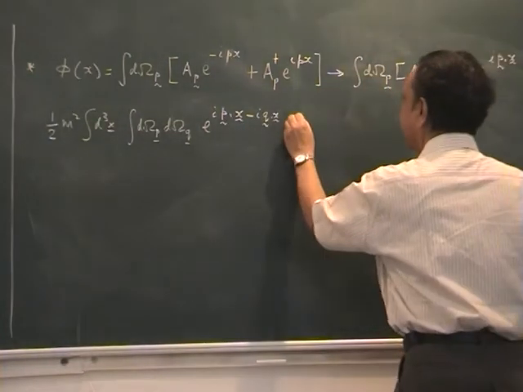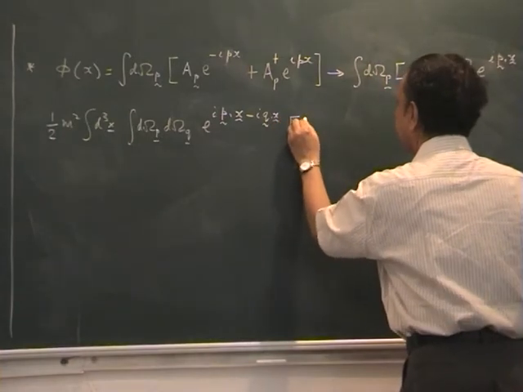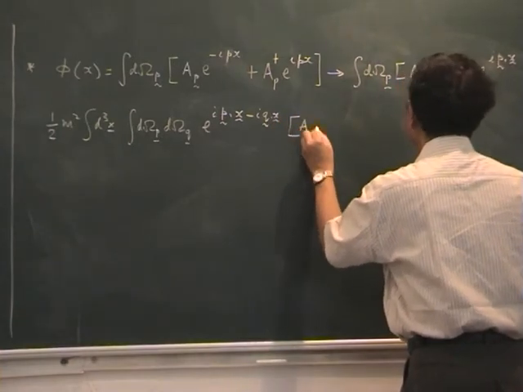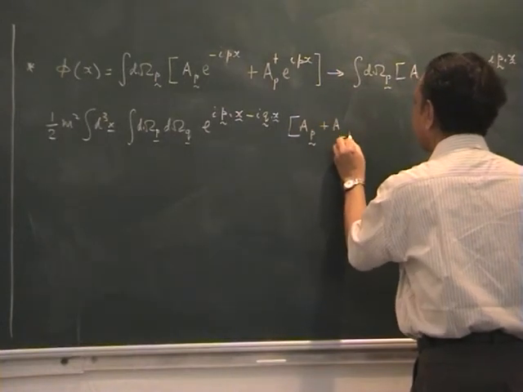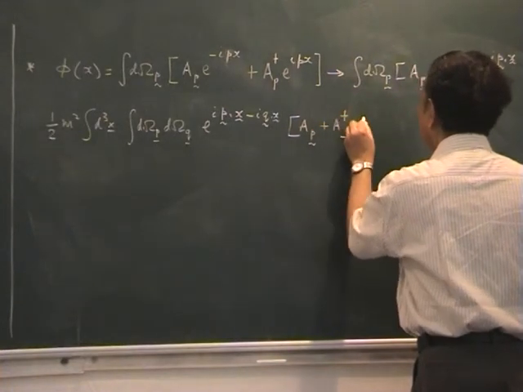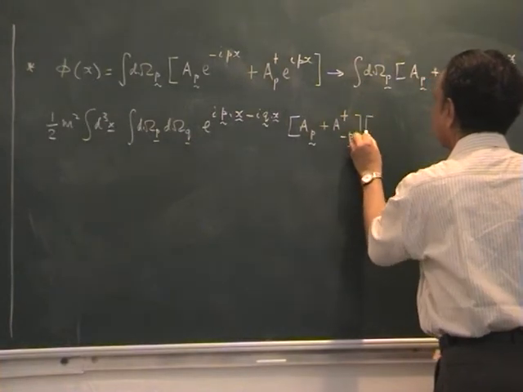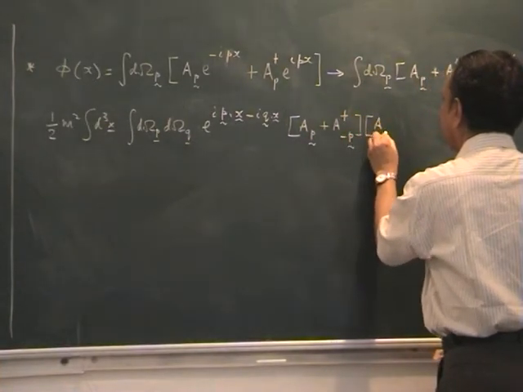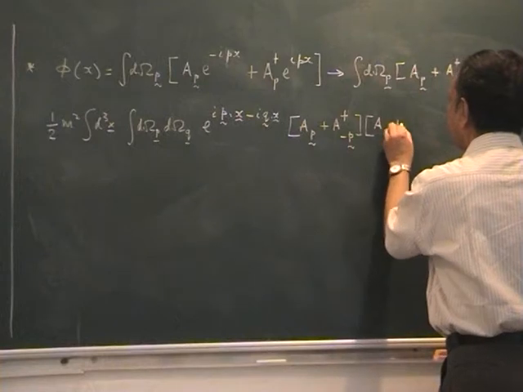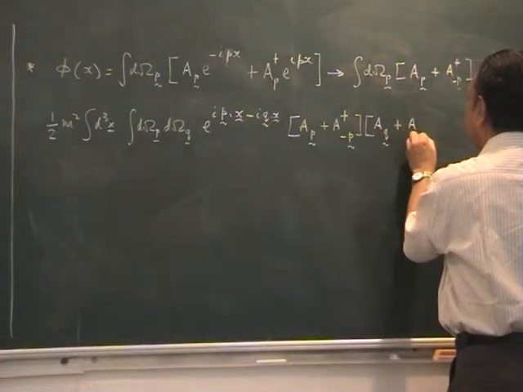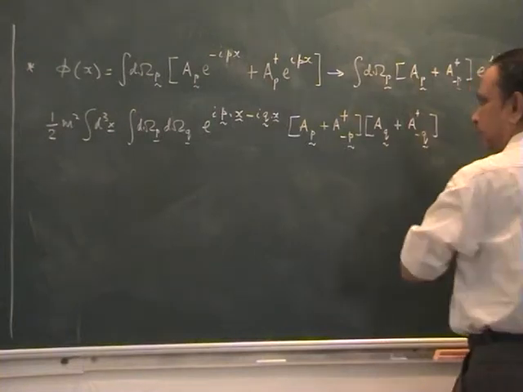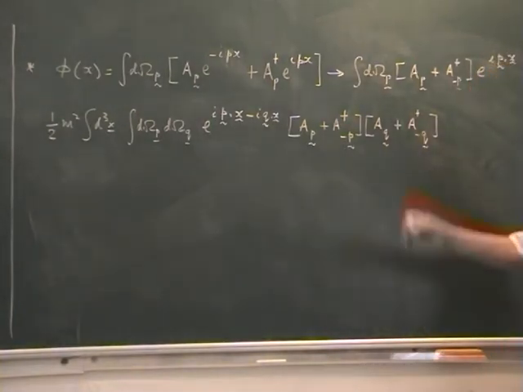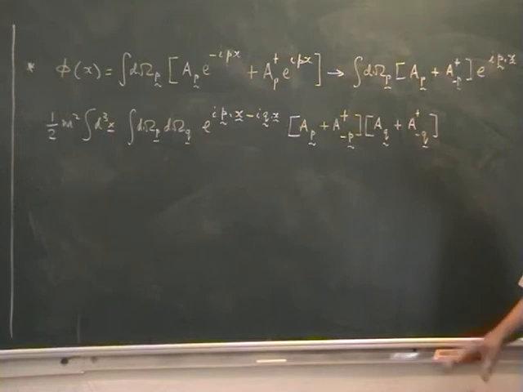Then let me write this as AP plus A minus P dagger into AQ plus A minus Q dagger. Okay, I just at least want to evaluate what quantity for you to see how it goes.